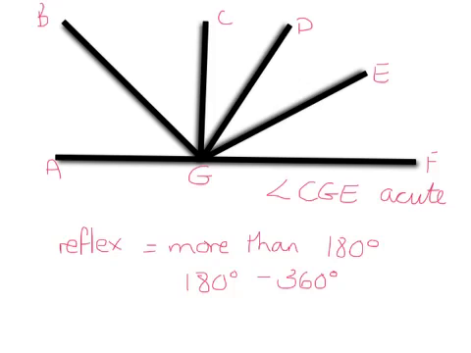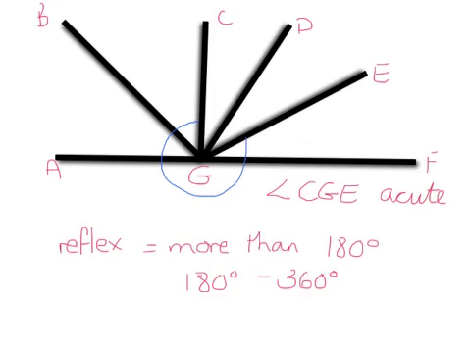So, let's have a blue pen. If I was starting here, and if I wanted to measure the reflex angle of CGE, it would be that. So it's that outside angle that I've just drawn. It's more than 180 degrees, and it starts at C, and it goes all the way through G and back around to E. So instead of doing the internal bit, this would be called reflex angle CGE.